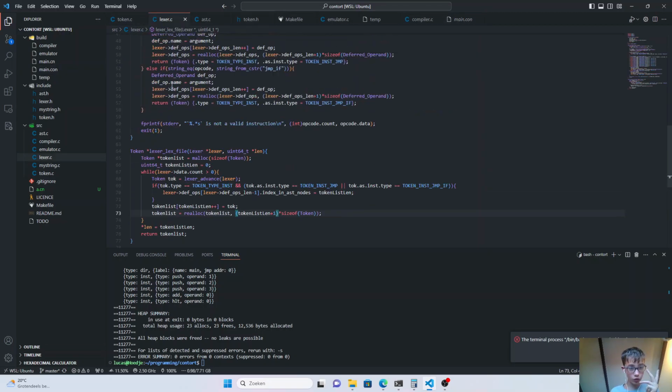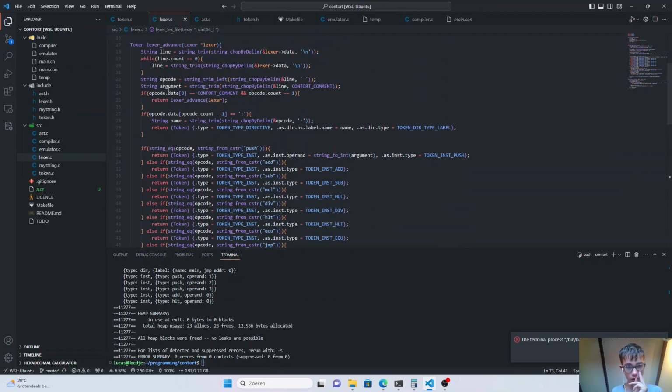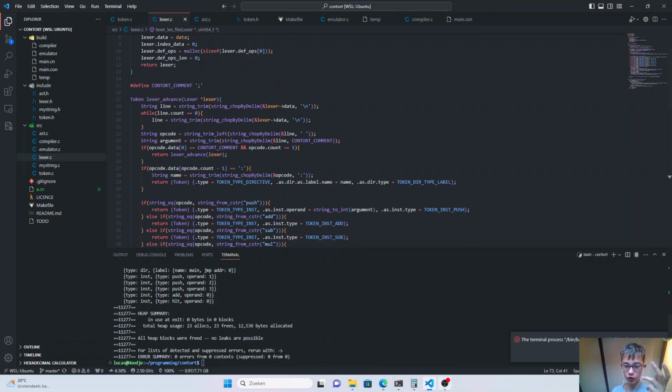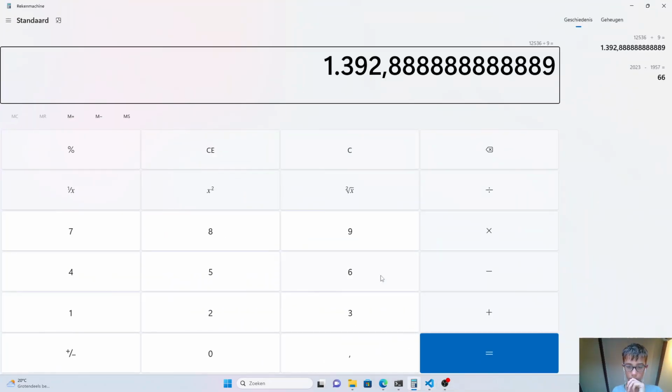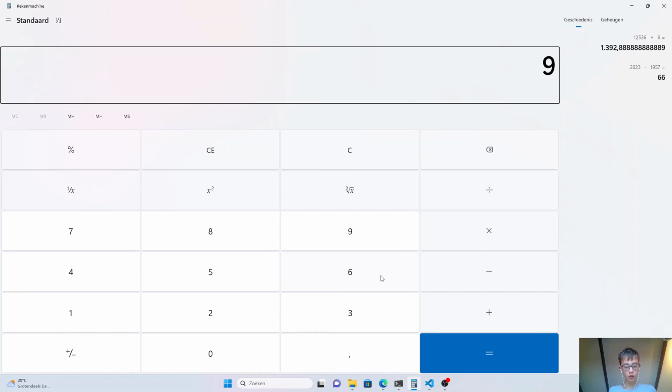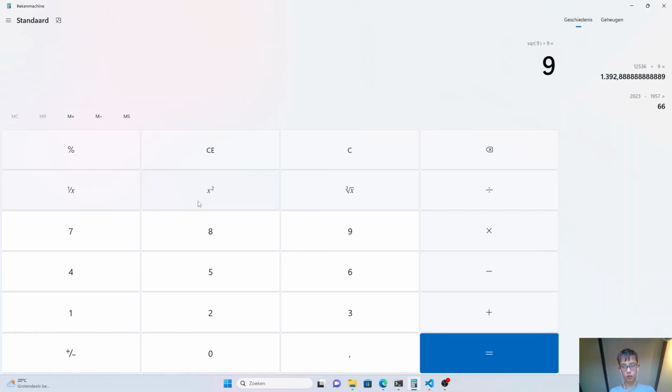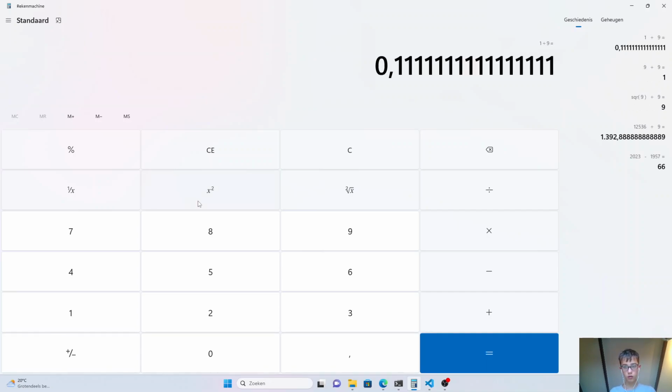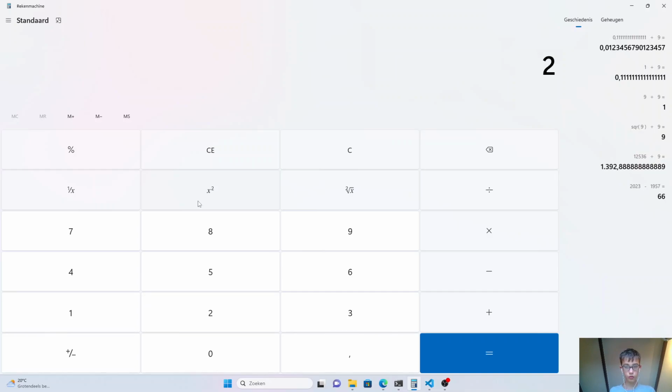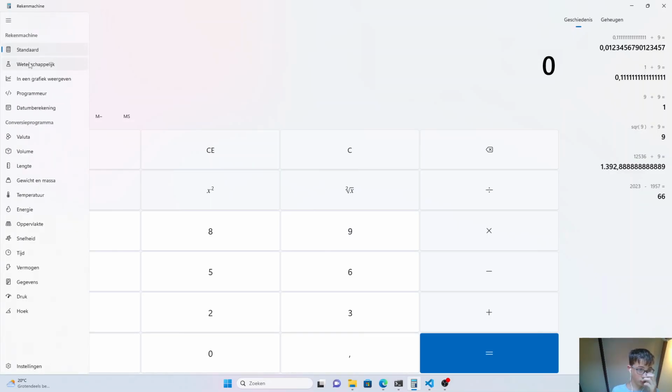But I also don't know where we could improve. It grows exponentially, so it's n times 2, so it's 9 to the second power, 2 to the... Wait, I am in the wrong calculator. I need this one, I think.